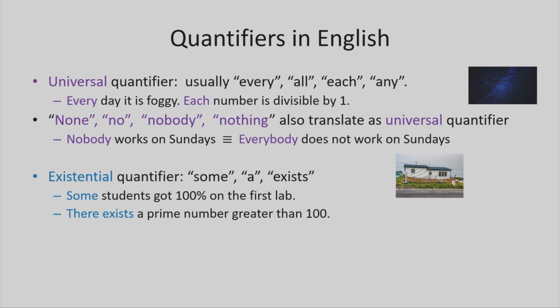In mathematics, people sometimes just write there exists. There exists a prime number greater than 100, something like this. Well, this is an obvious indication. There exists translates as existential.